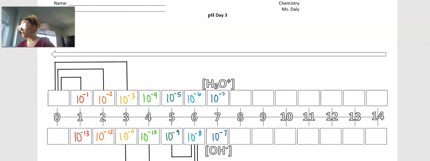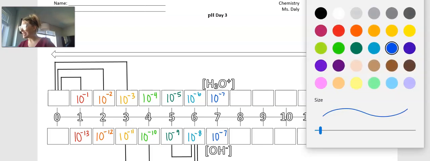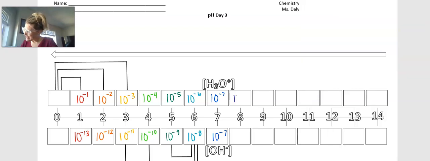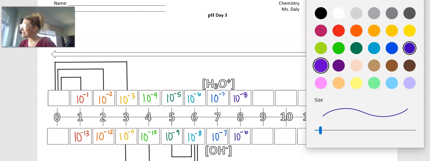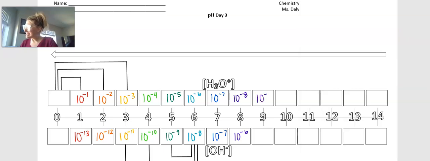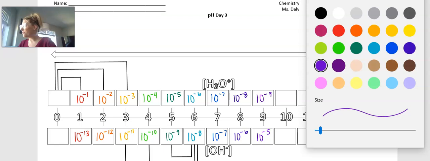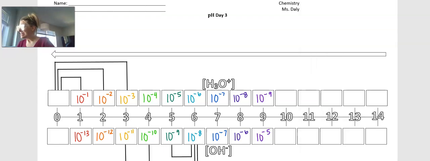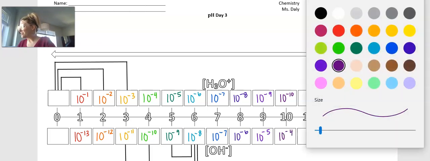Okay, for our pH of 8, we have 10 to the negative 8 of hydronium, 10 to the negative 6 of hydroxide. For our pH of 9, 10 to the negative 9 and 10 to the negative 5th. Moving forward still, we have 10 to the negative 10 and 10 to the negative 4, and so on and so forth.